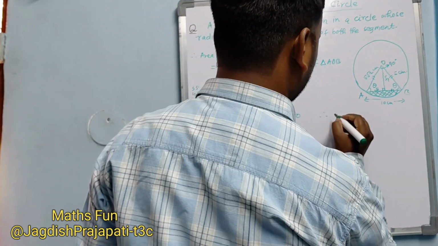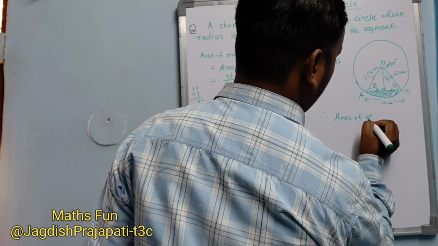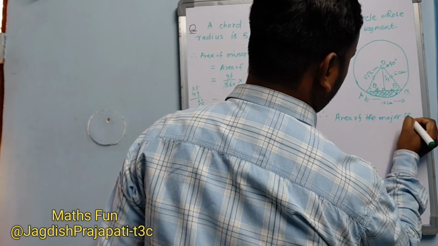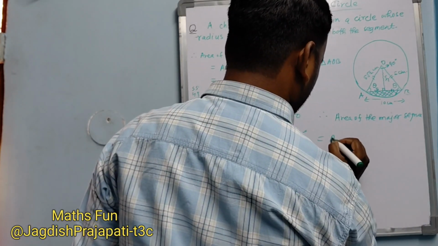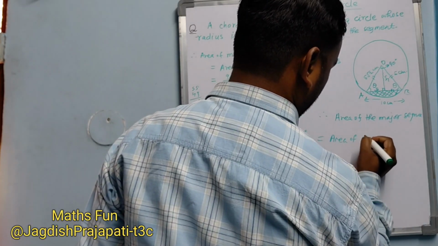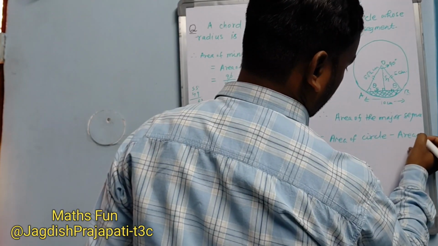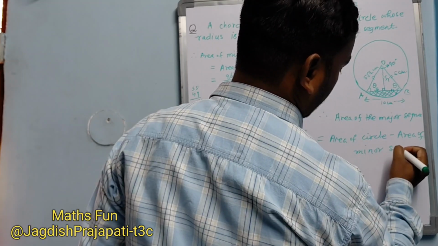Therefore, the area of the major segment will be area of circle minus area of minor segment.